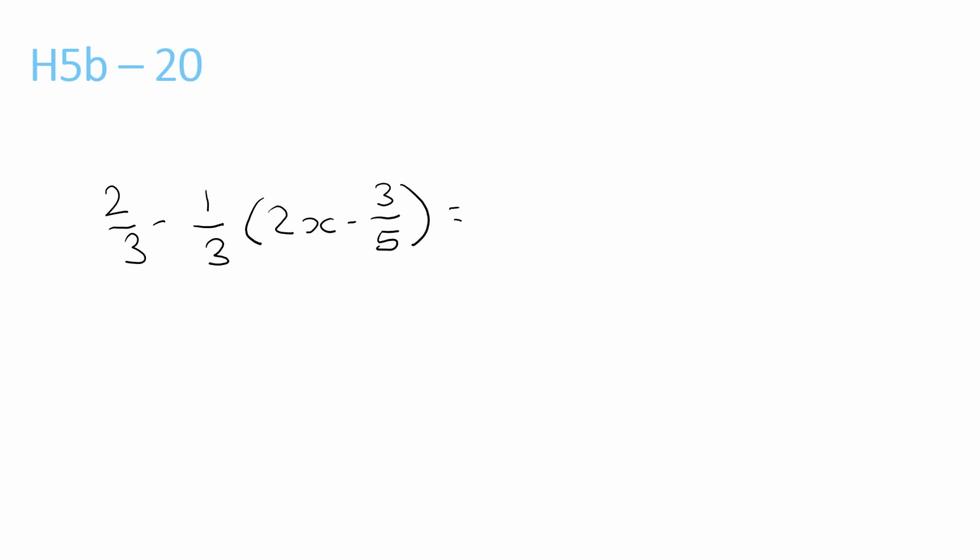It looks pretty hard, but it's actually so easy. You just keep the minus 2 over 3 there, because it's just sitting there, it's chilling. And then you have the minus 1 over 3.